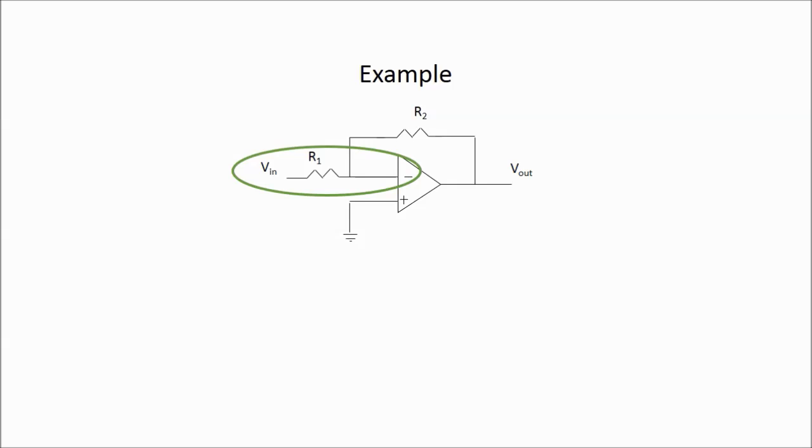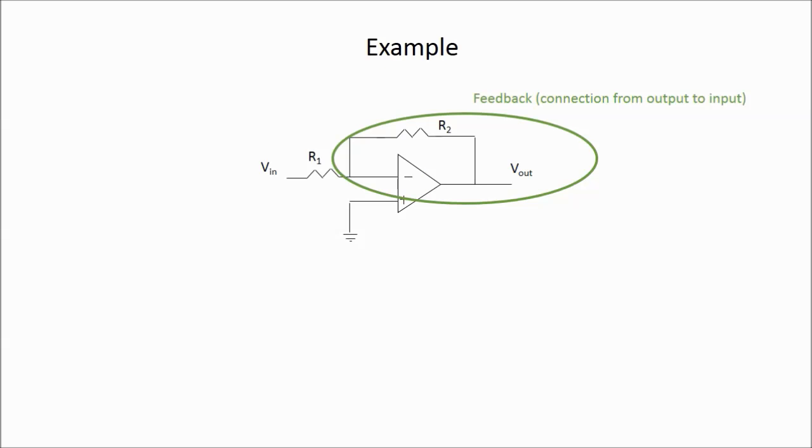That resistor is connected to the inverting input of the op-amp. Then we have the non-inverting input of the op-amp connected to ground. The output of the op-amp will be the output of our circuit.